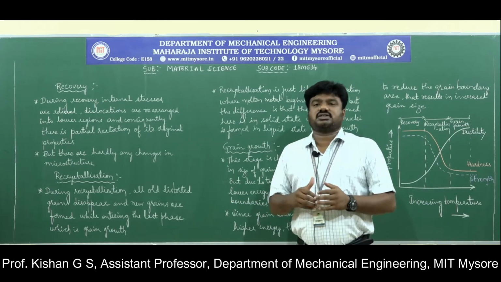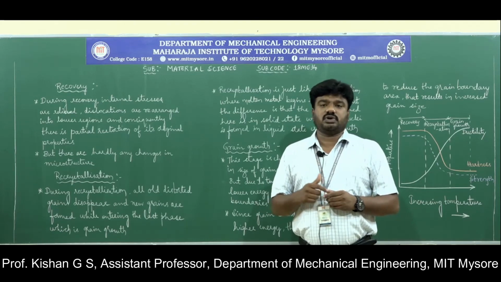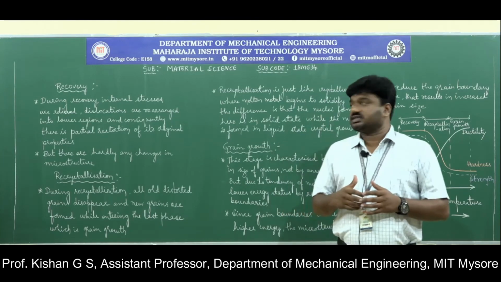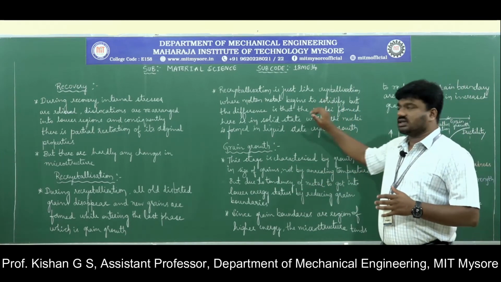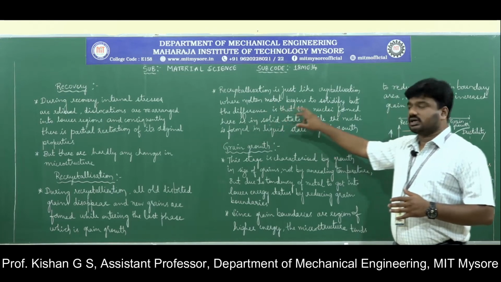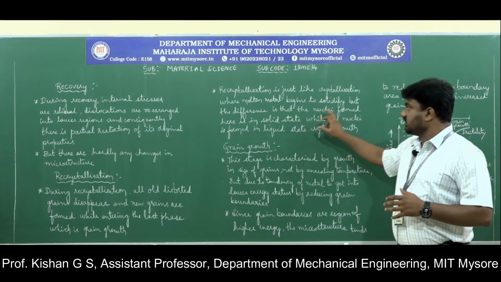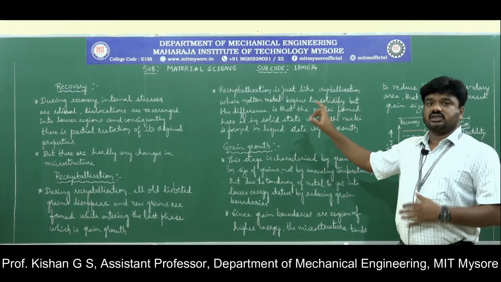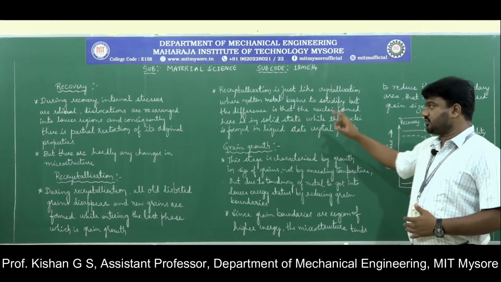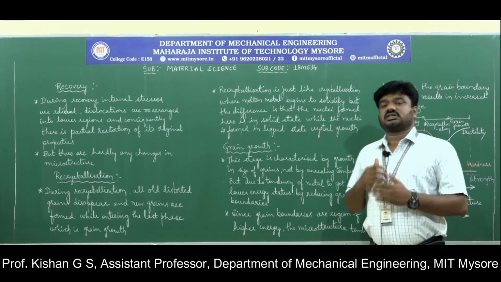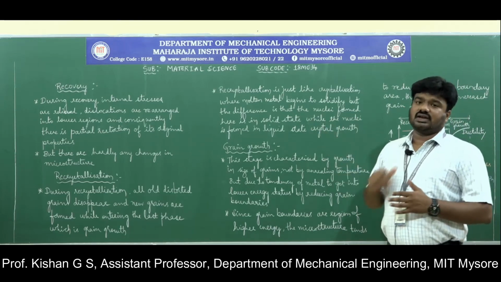Recrystallization is the same as crystallization, but with one change. You can observe the statement here: it is just like crystallization, wherein molten metal begins to solidify, but the only difference is that the nuclei formed in recrystallization will be in the solid state, whereas in the crystallization process the nucleus formation is in the liquid state.